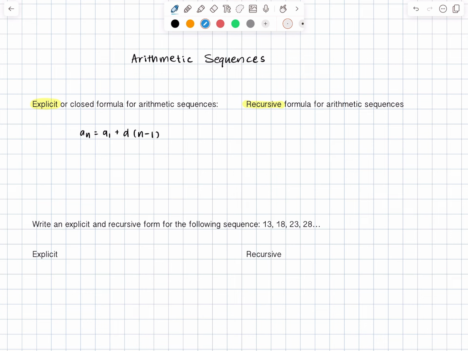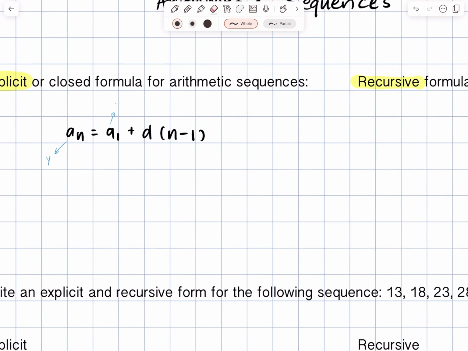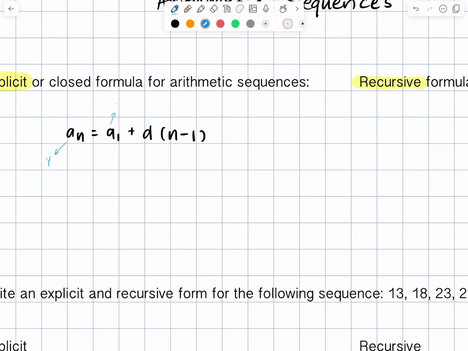So a sub n is just your y value. It is your term value. A sub 1 is your first term.